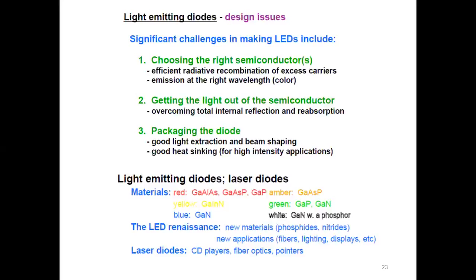So overcoming the total internal reflection and reabsorption, packaging the diode, good light extraction and beam shaping, and good heat sinking for high intensity applications. Light emitting diodes and laser diodes today use materials for various colors like red, amber, blue, white, and they're used for CD players, fiber optics, pointers, printers, and many other things.